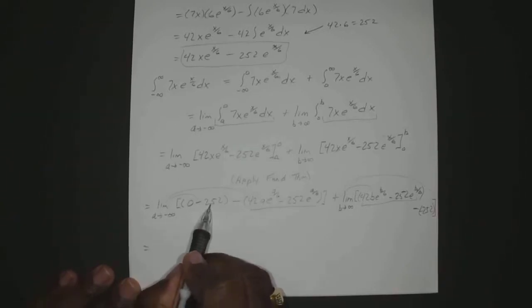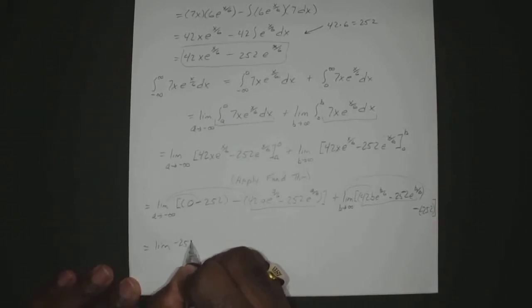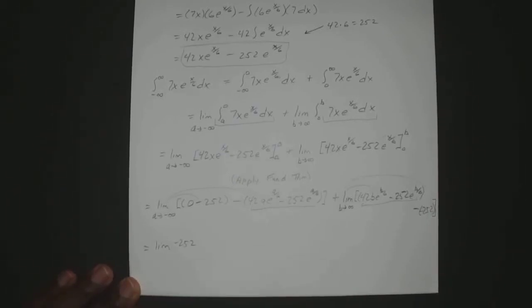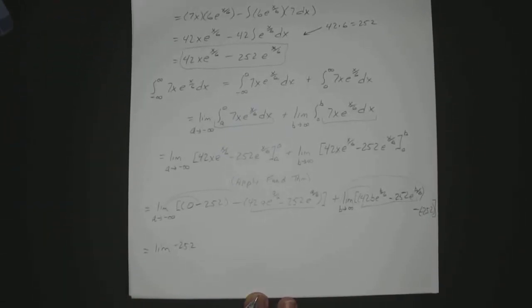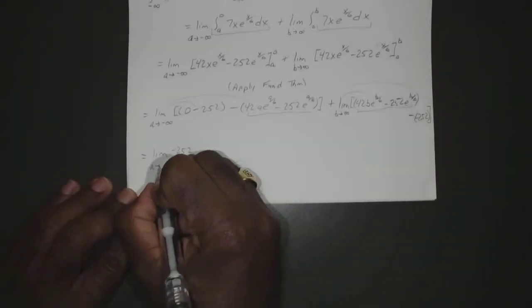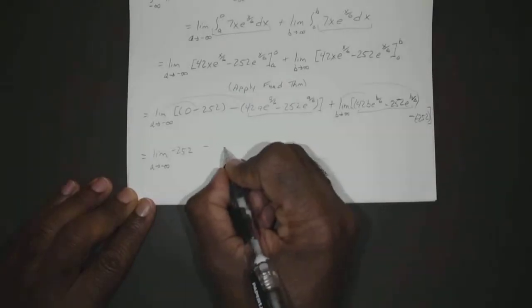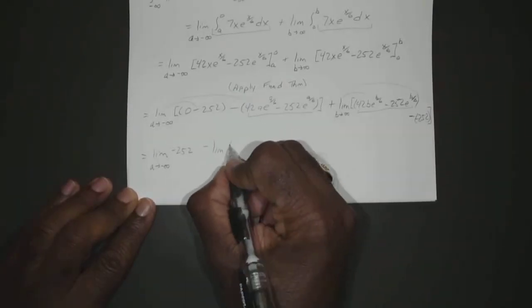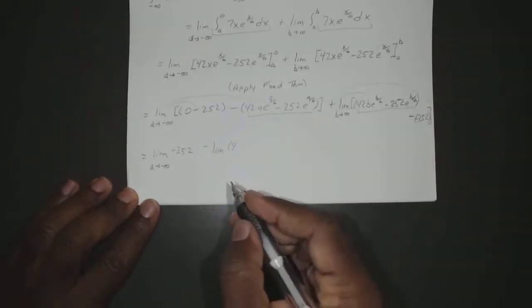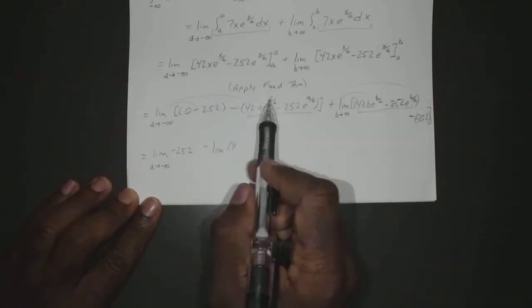Okay, so you have the limit of negative 252, which we already know is just going to be negative 252, as a approaches negative infinity, minus the limit of 42, and actually we're going to factor out the 42e to the a over 6.